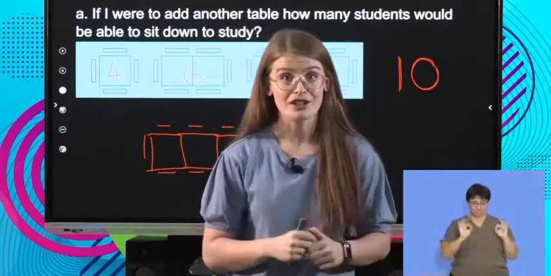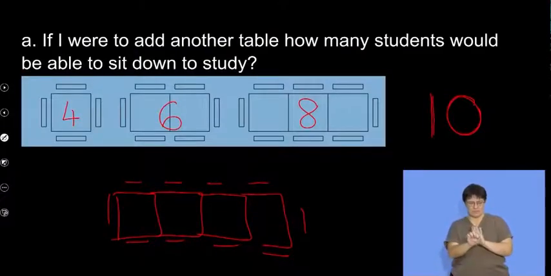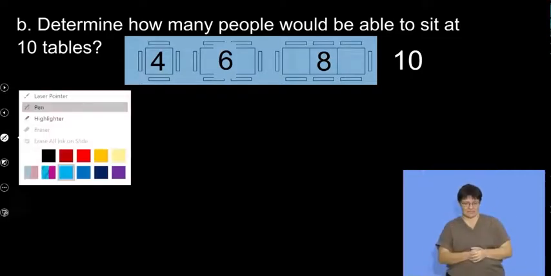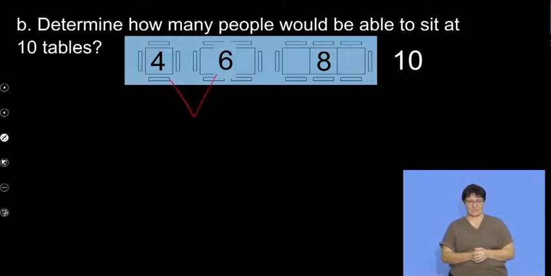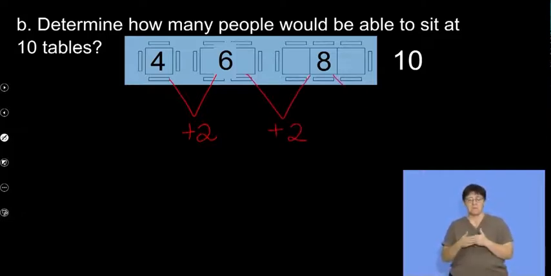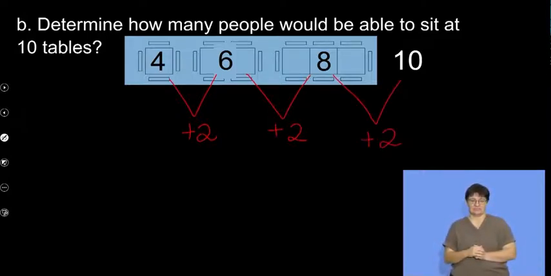So let's have another look at this example. We have discussed that I've got 4 people, then 6 people, then 8 people, then 10 people. If I'm looking for the common difference, we can see I've got a common difference of positive 2, a common difference of positive 2, and a common difference of positive 2.